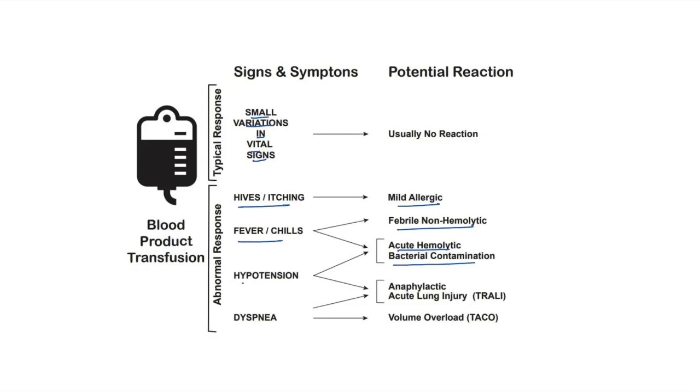When there is hypotension, we have to suspect acute hemolytic reaction or bacterial contamination. It can also be due to anaphylactic reaction or transfusion related acute lung injury. Dyspnea can be there in anaphylactic reaction or transfusion related acute lung injury or in case of volume overload, that is transfusion associated circulatory overload.